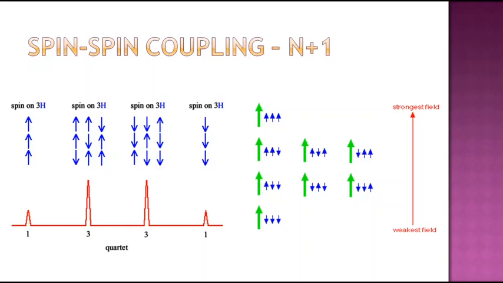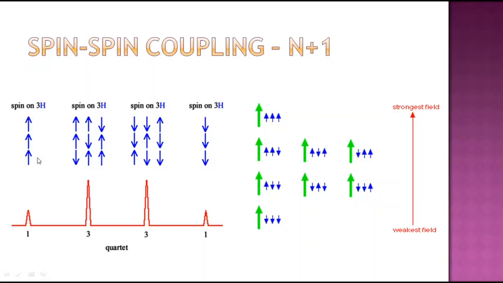When it gives energy to the 3 other protons, they can take different orientations. They have energy differences. Some of them may be aligned with the external magnetic field. There are different possibilities for the protons.